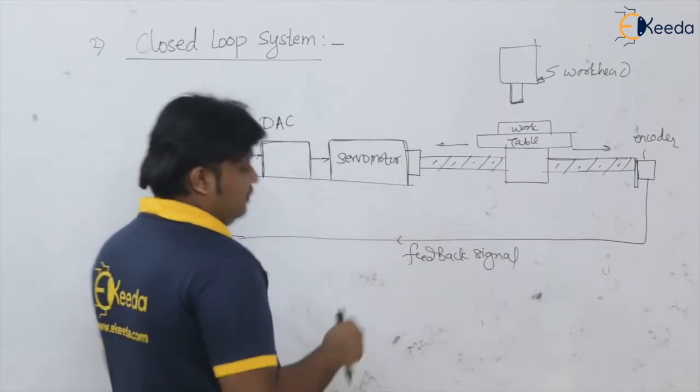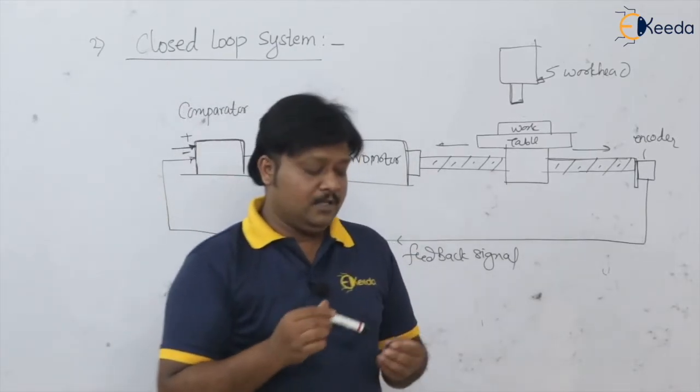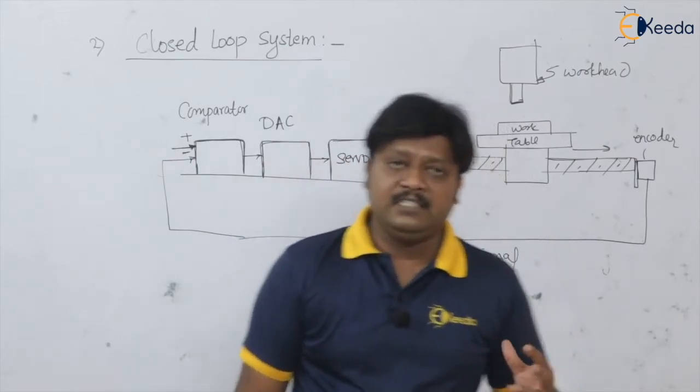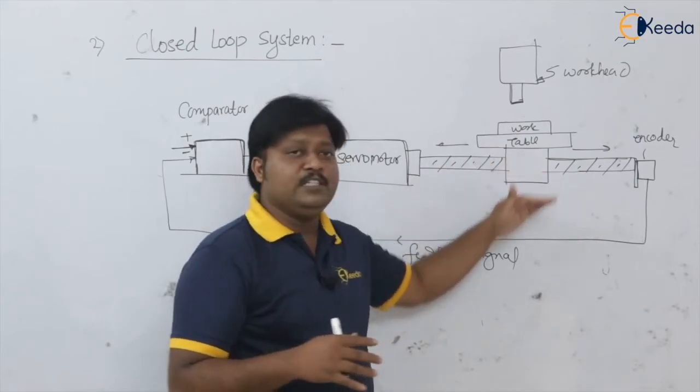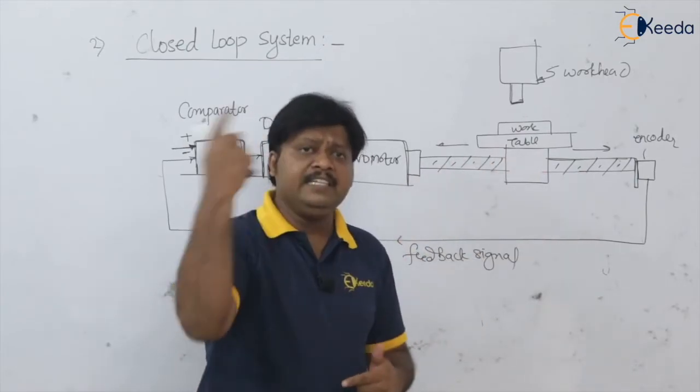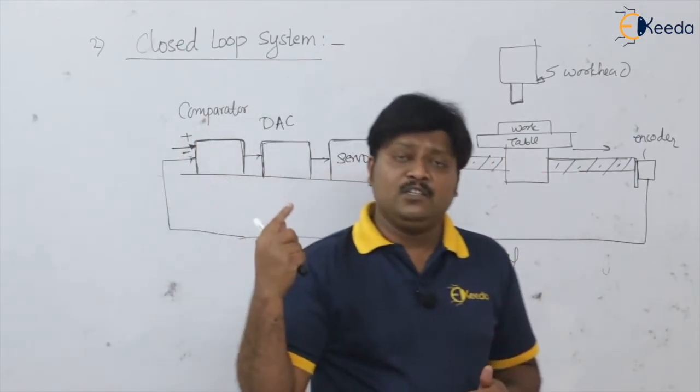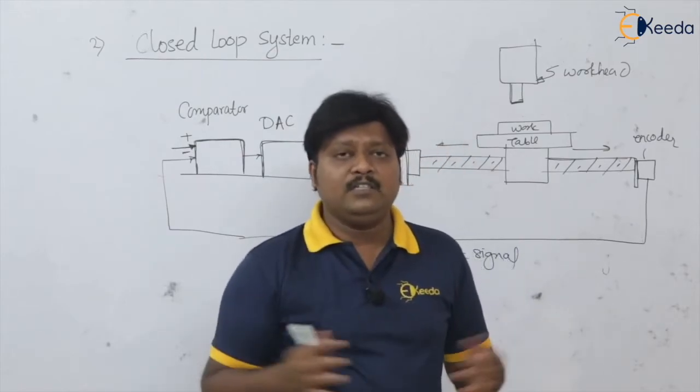So here we have seen that in a closed loop system, these displacement measuring devices, that is the encoder I have shown, measure the movement of the lead screw and give the value to the machine control unit. So what will that machine control unit do?